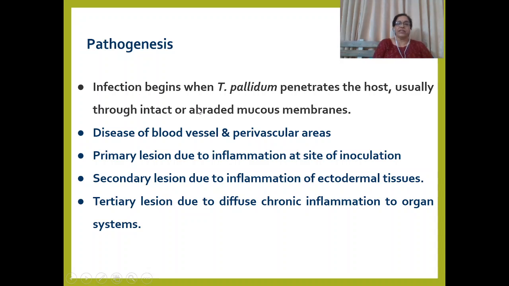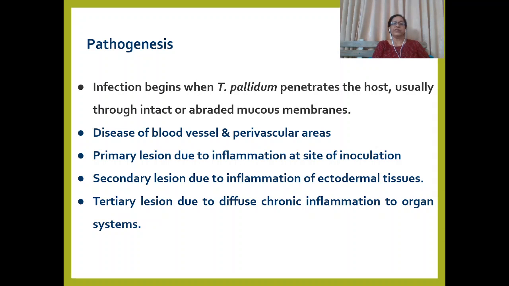Infection begins when they enter the body, and after that, they enter into the blood circulation. And it is now a disease of blood vessels and perivascular areas. Primary lesion is due to inflammation at the site of inoculation where they enter. That is, after the portal of entry into the body, they localize at the site where they enter, and one can see a primary lesion at that site.